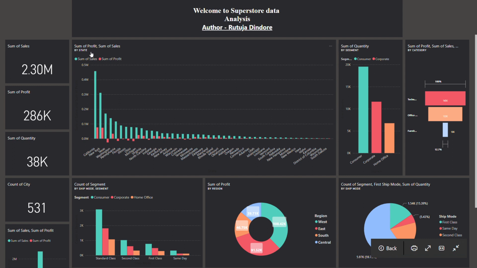Over here I have plotted the graph on the basis of sum of profit and sum of sales by state. These pink bars are the sum of profit and these are the sum of sales. If you have noticed one thing, in Texas the sum of sales is 170,000 but the profit for the same is negative 25,000, so it is actually a loss.